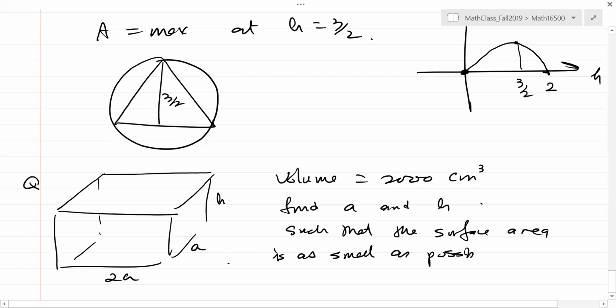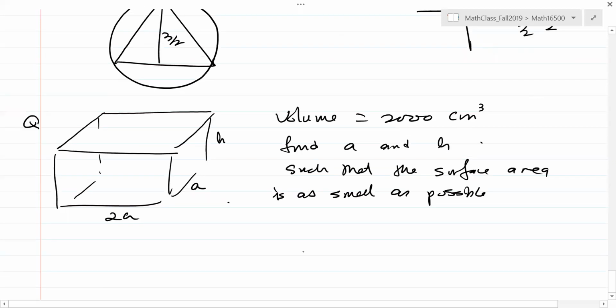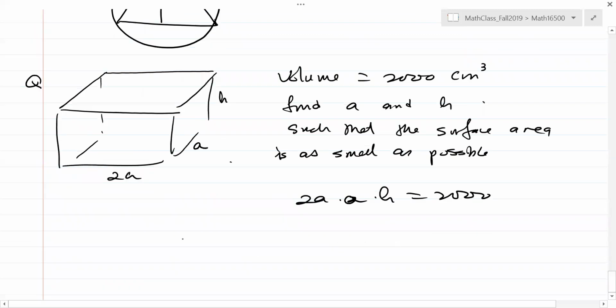Very first step, you write down the volume formula. It's 2a times a times h equals 2,000. And then the surface area, you have to figure it out. The base part is 2a squared. The top part is also 2a squared.